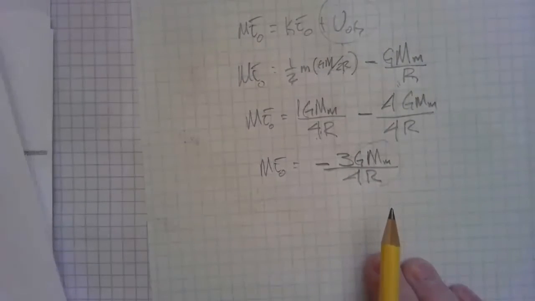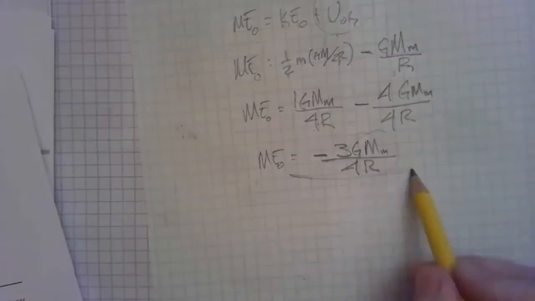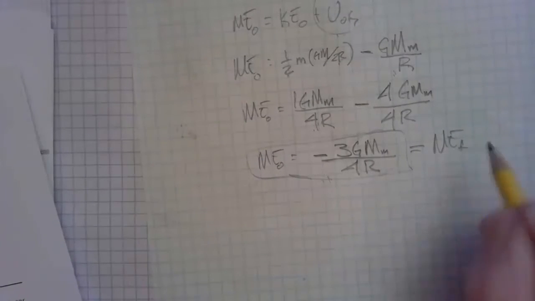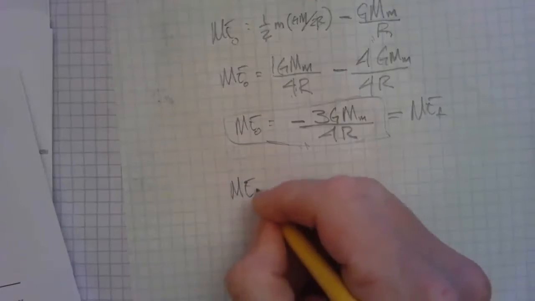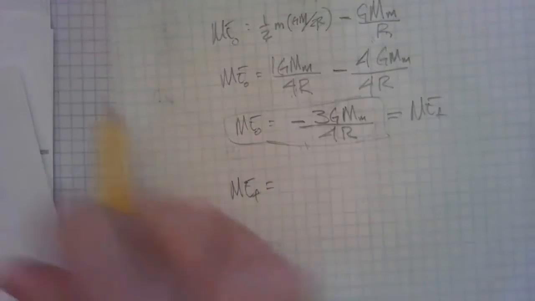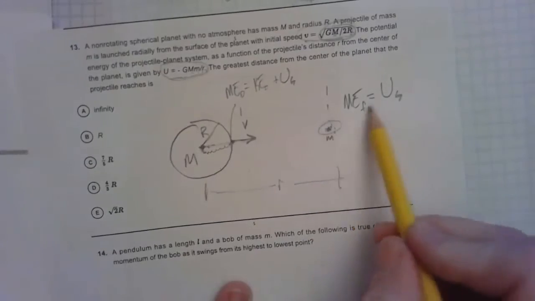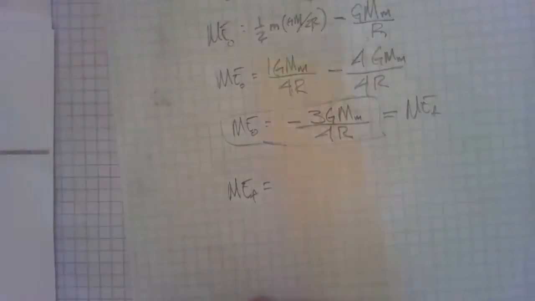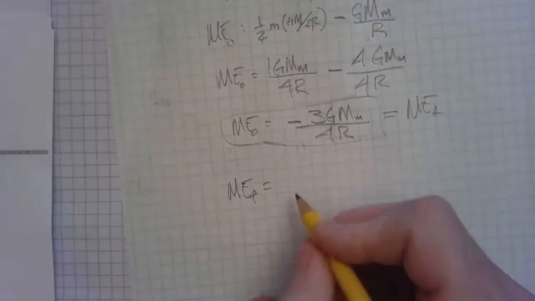Now, they want to know the greatest distance from the center of the planet. So they want to know about the final mechanical energy. Keep this in mind, because we know that this is also equal to the final mechanical energy, which would also be equal to the object's potential energy out here. It has no kinetic, just potential. So it's just this. Now, they want the distance from the center of the planet.